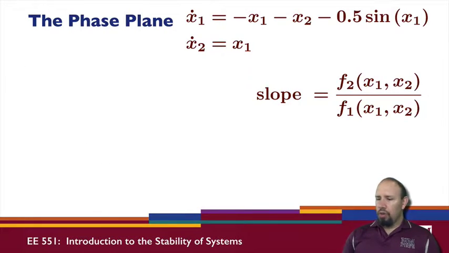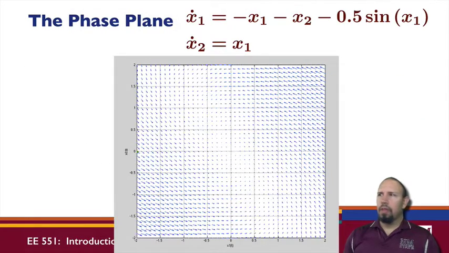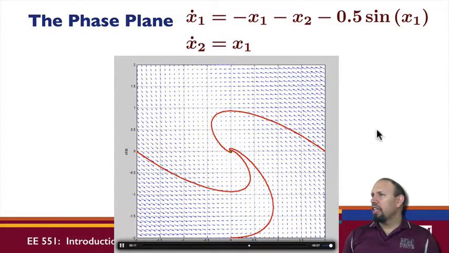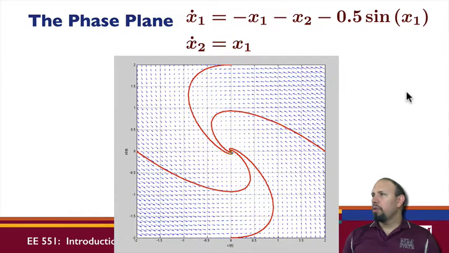Here is what's called a comet plot that shows a set of example responses for this system. If I start in these various locations, it shows me what happens to the response.